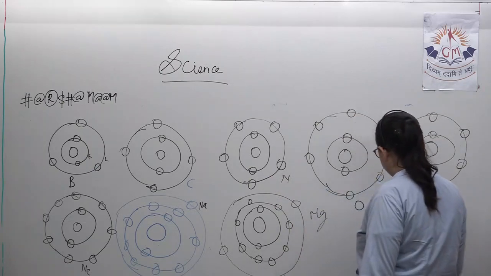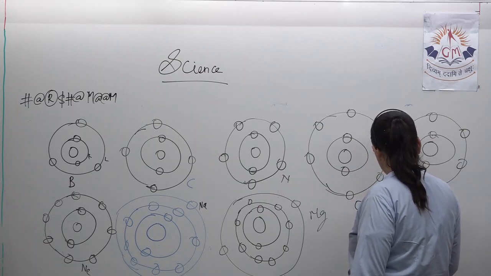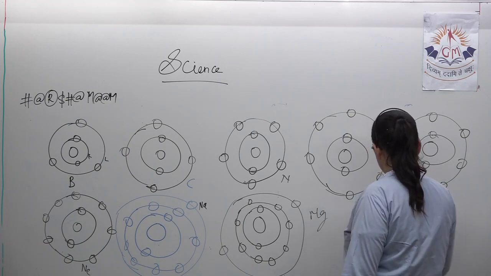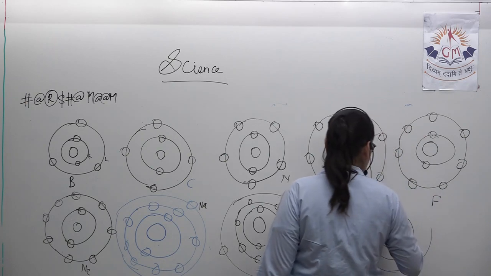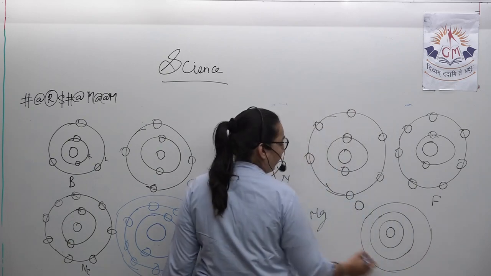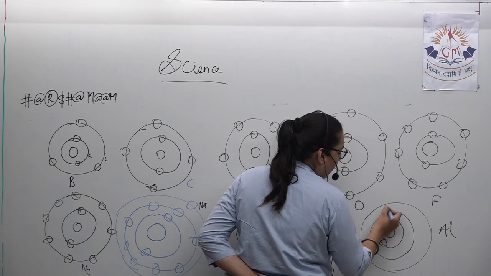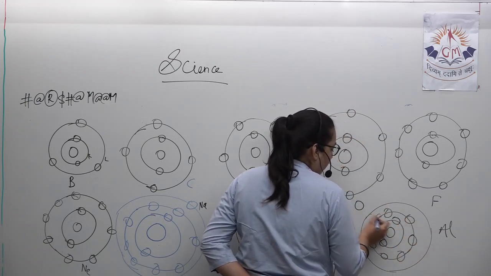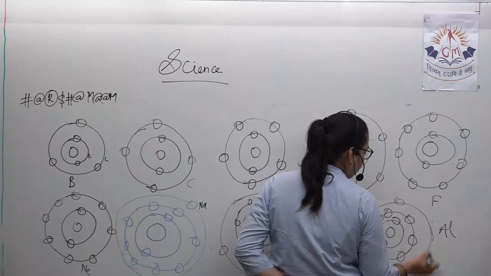Next is aluminium. In the aluminium, in the first orbit they have 2, next orbit 8, and in the next orbit 3 electrons.